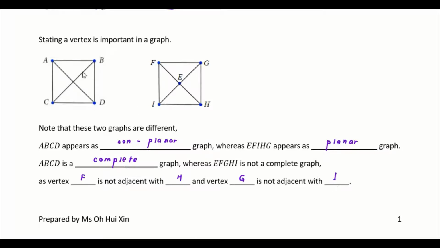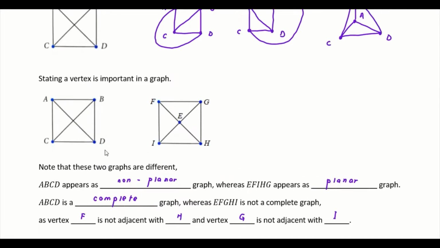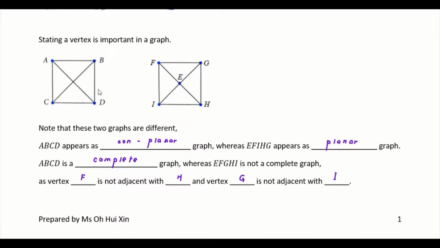So understand it as if this is like two wires overlapping each other. This is like you have four different wires connecting with each other in the middle. So when you look at this type of graph, please make sure that when you redraw your planar graph, you do not add a vertex in the middle, because that will bring a different meaning to the graph. So maybe you have an idea: if this is not planar, I can just add one vertex and then it becomes planar.